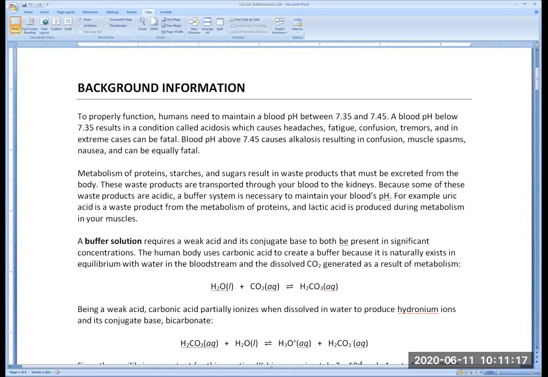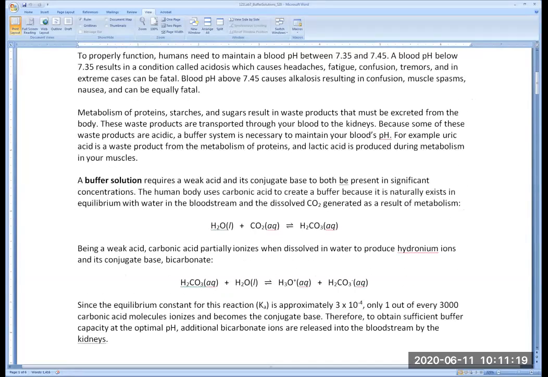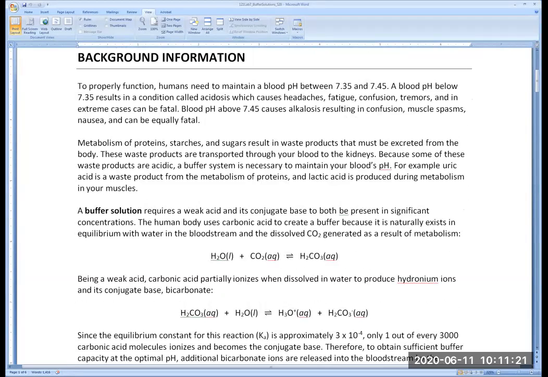So that's why the blood has a buffer to maintain the pH around that narrow range of 7.35 to 7.45. That's what a buffer does. It maintains the pH at a given value, and the value depends on the buffer itself.